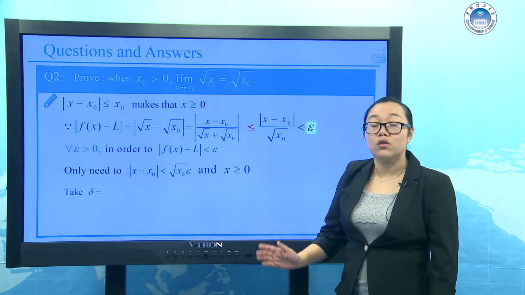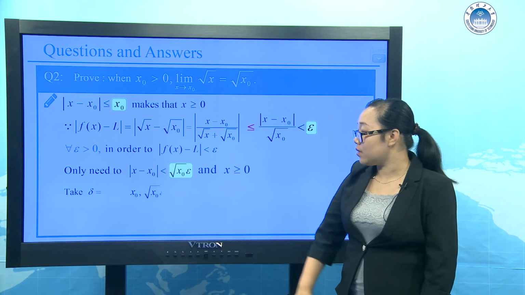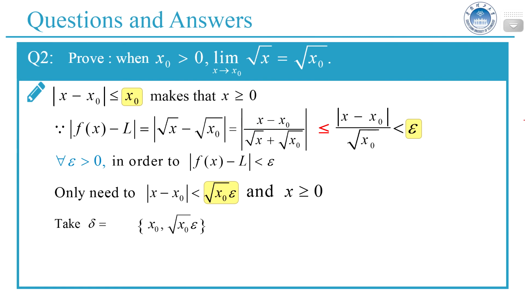So take delta equal to the minimum of the two values, one satisfying x non-negative, that is x0, and the other this expression. Take the minimum of the two numbers.